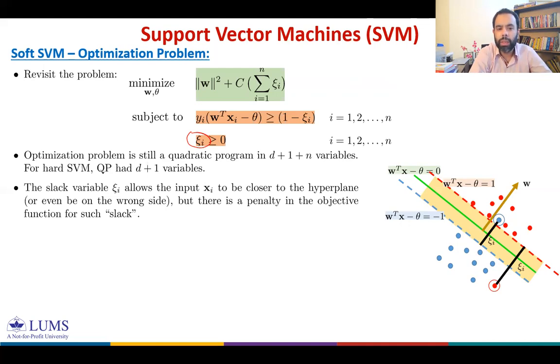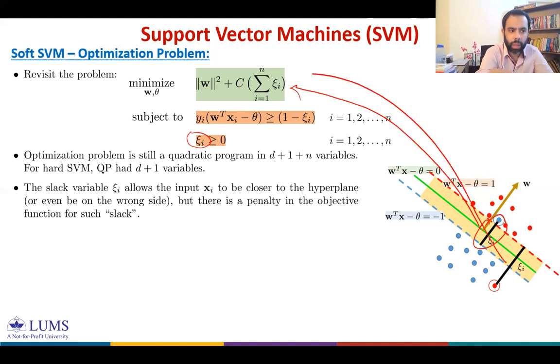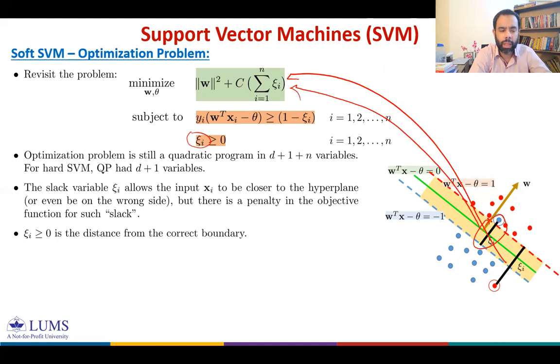But there is a penalty in the objective function for such slack. So we are adding this psi. This blue point is supposed to be here, but in this example, it is on the wrong side, in fact, right? And therefore we have added this penalty here. We also added this penalty here. This is the distance. Psi denotes the distance from the correct boundary.